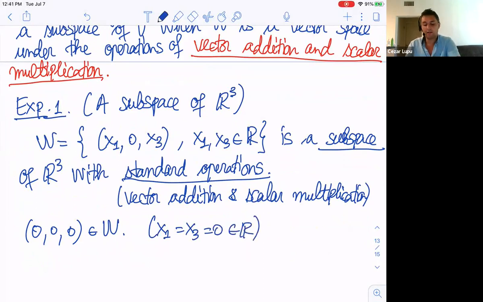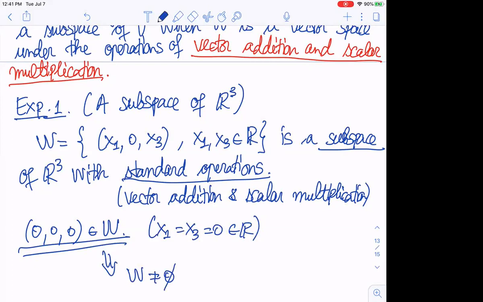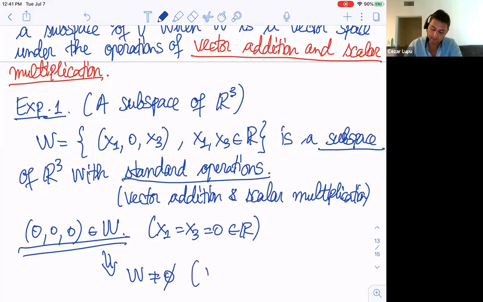So indeed, when you have a set with at least one element in it, then you can say that this is non-empty. So you write it like this. Have you seen this notation before? Yes. Okay, so you're used to this notation, I hope. Let me write it clearly here. W is a non-empty subset.